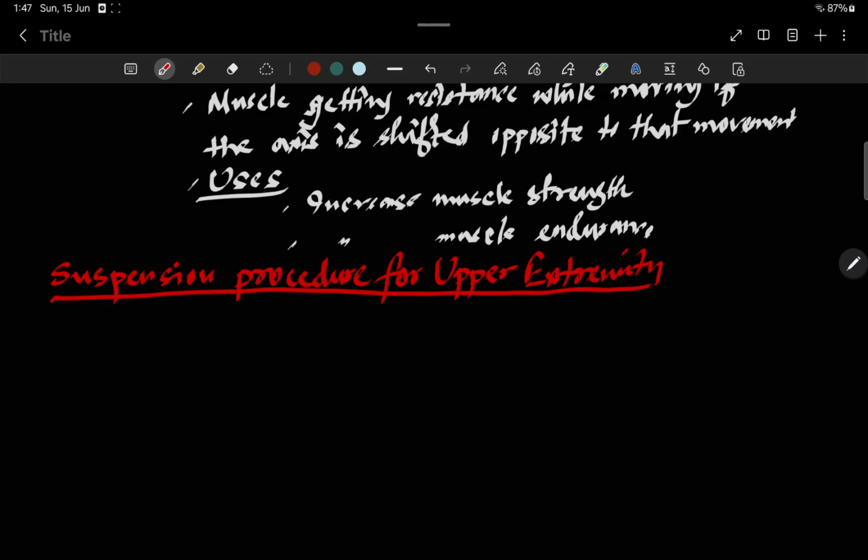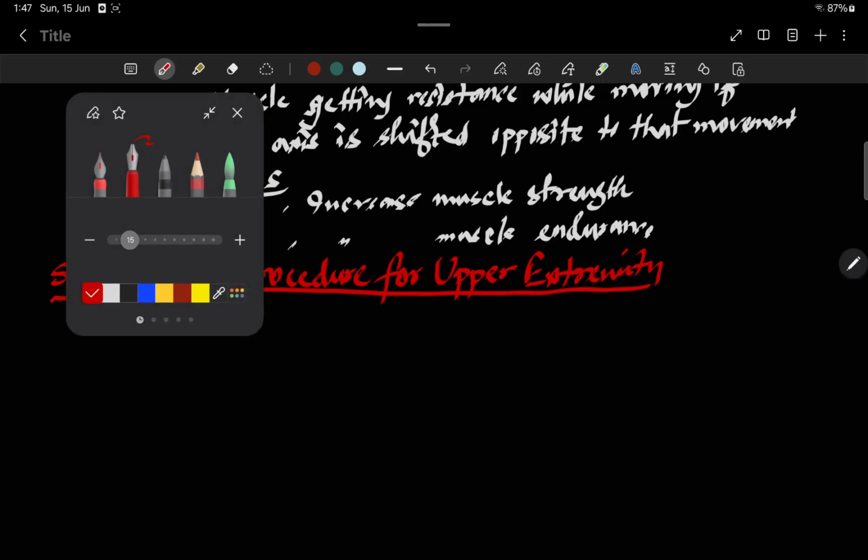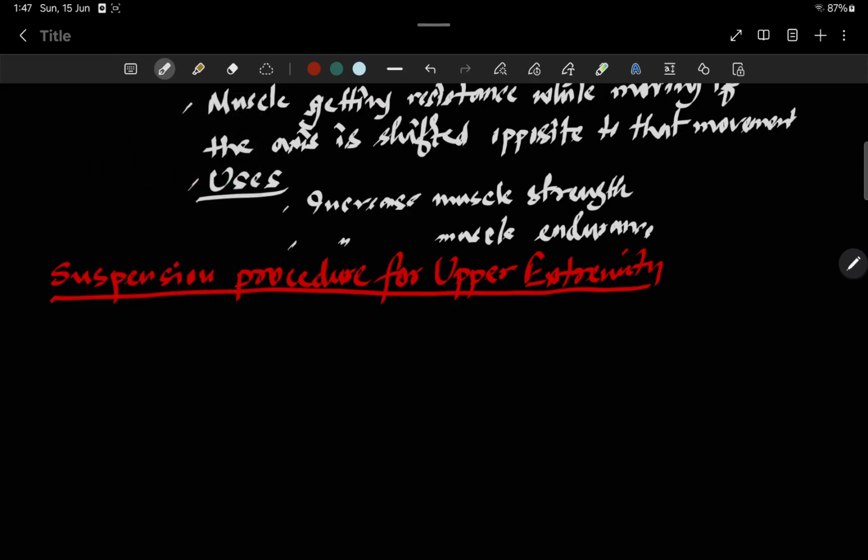Okay, suspension procedure for the upper extremity. First, for shoulder abduction and adduction.